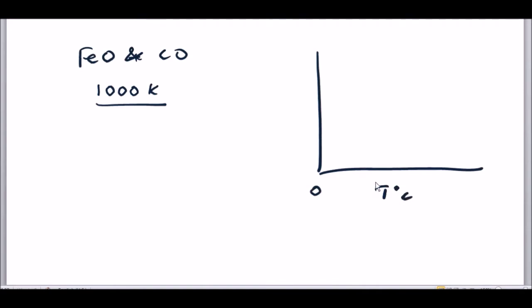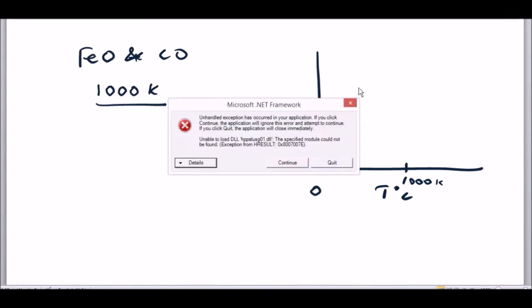The temperature here and the delta G naught is taken at 1000 Kelvin. At 1000 Kelvin, these two are intersecting with each other.